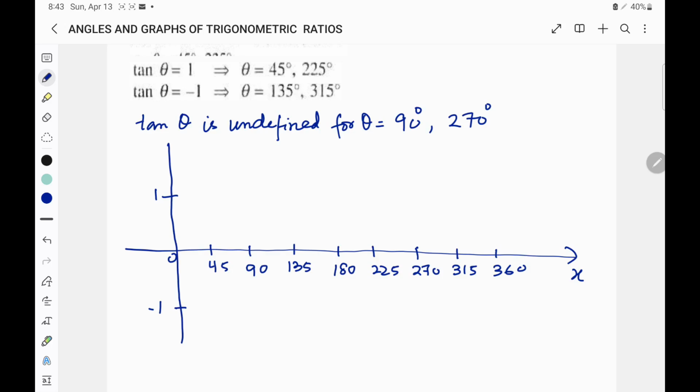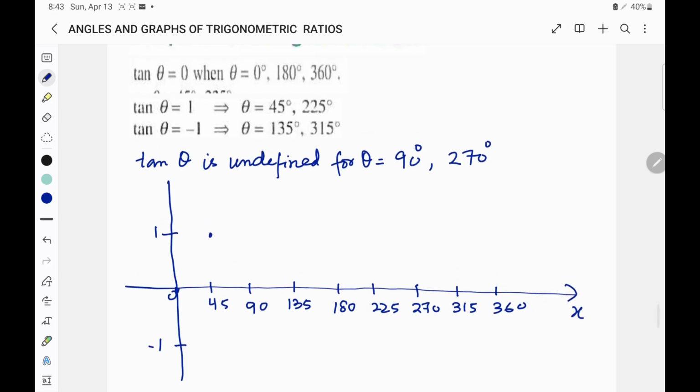So this is 0, and at 45 it's 1, and at 90 degrees it's not defined. So we just make a line; we cannot connect the graph. For 90 degrees it's not defined, so we make the line like this, it goes straight up.